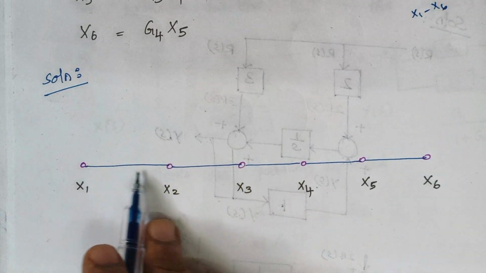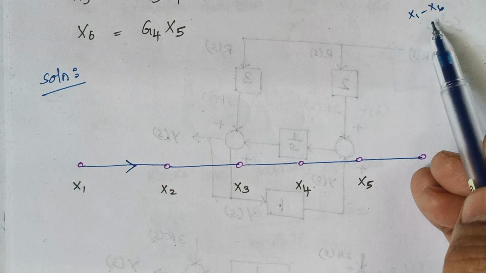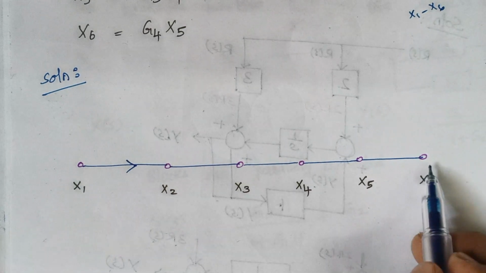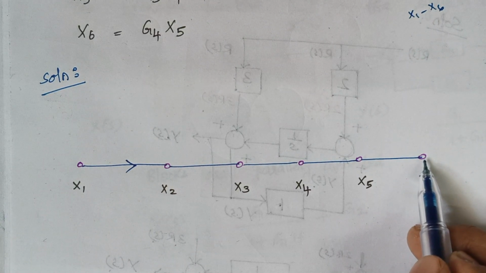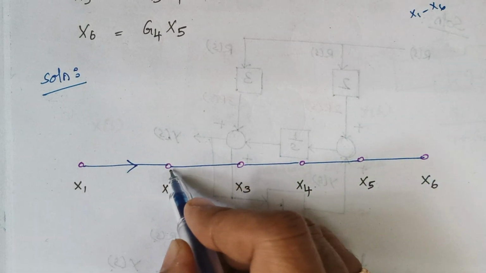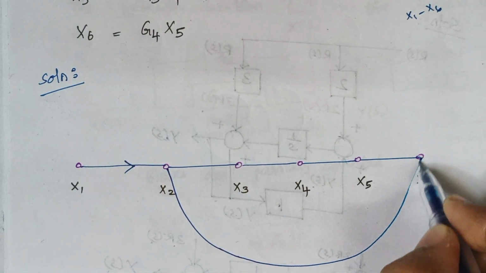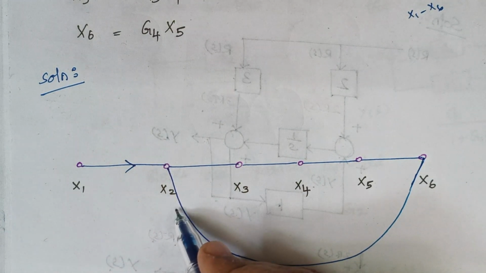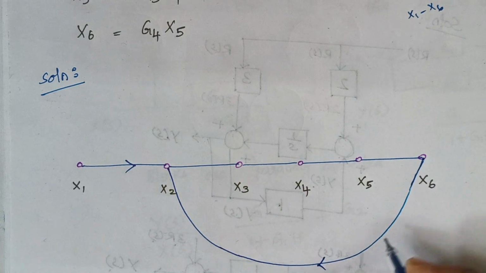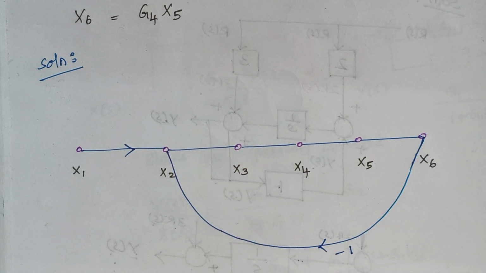So this is our x1, and we need minus x6. So here is our x6, but we need a minus x6. So you just draw a path from x6 to x2, and in this path the gain is equal to minus 1.